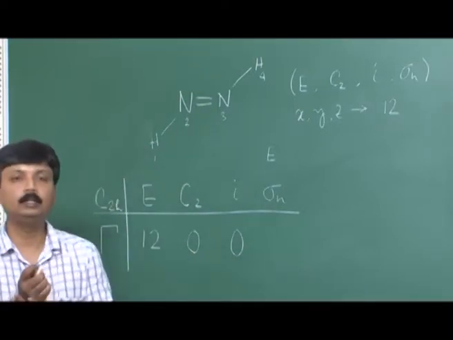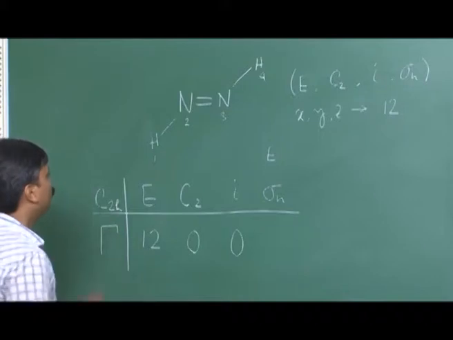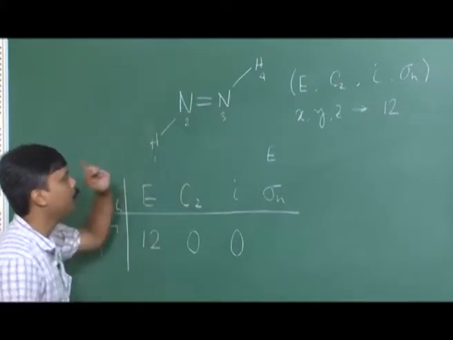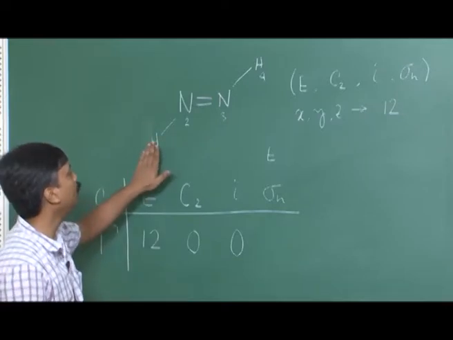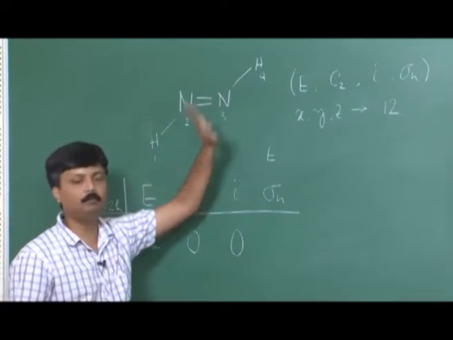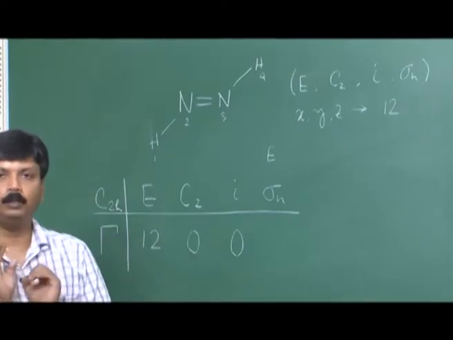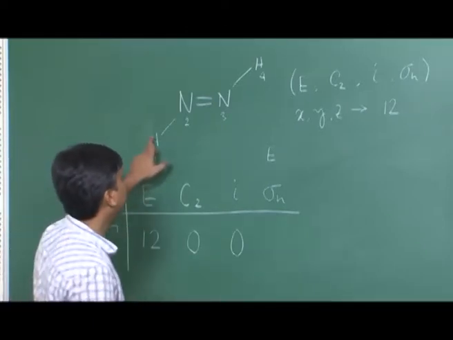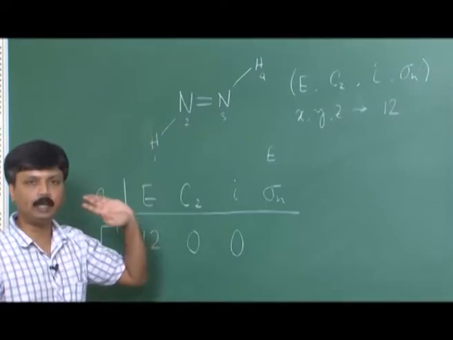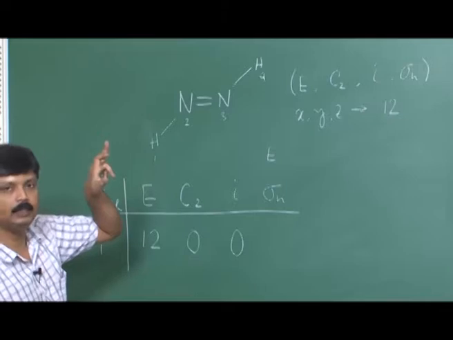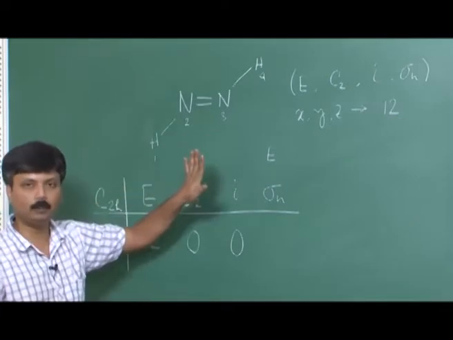Now, what about sigma h? So, sigma h will be in this plane. So, what will it do? It will keep all the atoms in their place. Now, here we have to worry about something. We are considering x, y and z axes, right. So, if this direction is the z axis, then the molecule is in the xy plane.